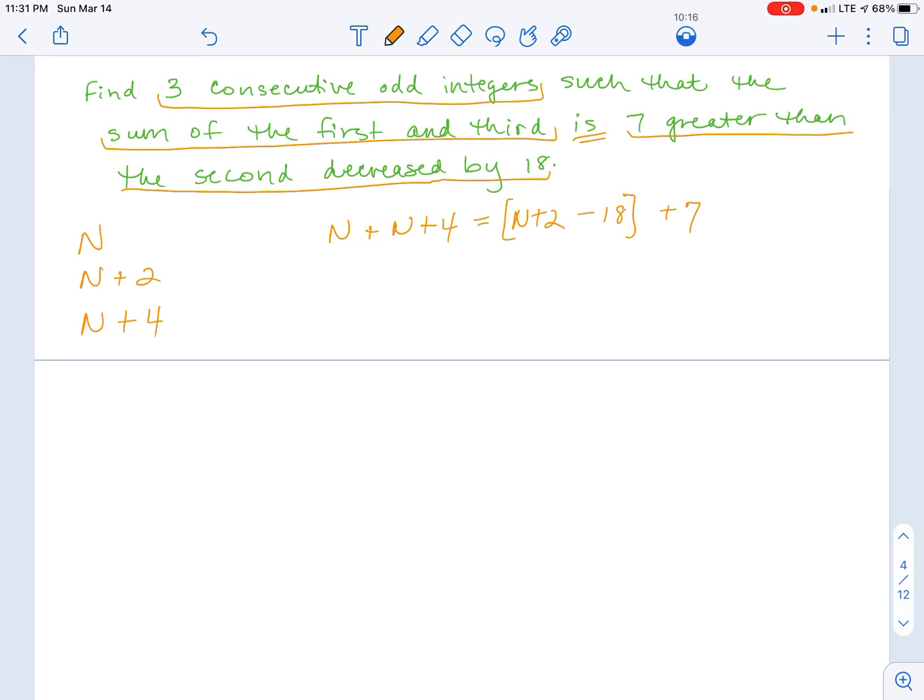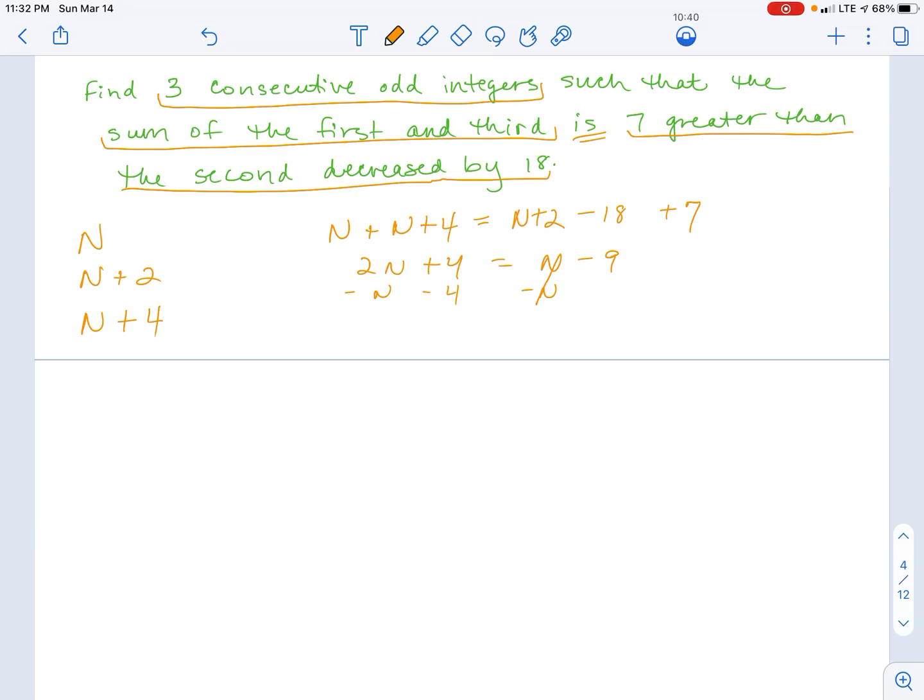All right, let's go ahead and solve this thing. And I really don't need these on here. Okay, so I'm going to have 2n plus 4 equals n. Let's get our stuff together here. So 2 and 7 is 9. So a negative 9 here, n minus 9. And I'm going to go ahead and move my n over here.